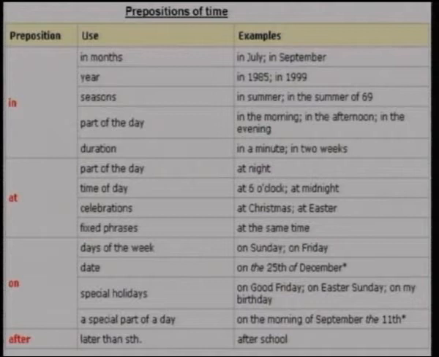So for months, we say in July, in September. For years, we say in 1985, 1999. Seasons, we say in summer, in the summer of 1969, for example.